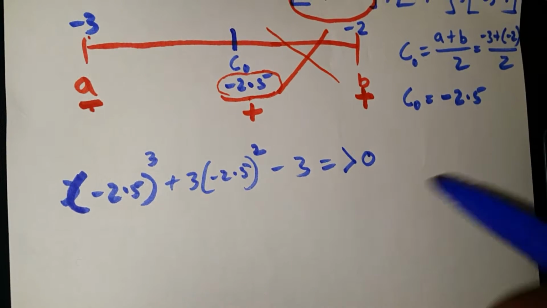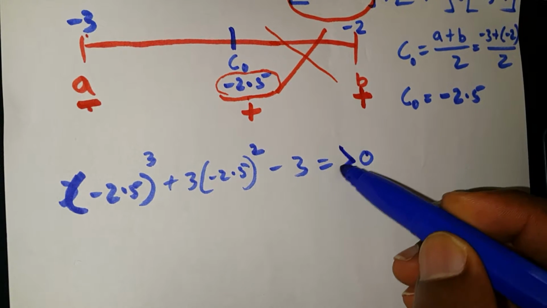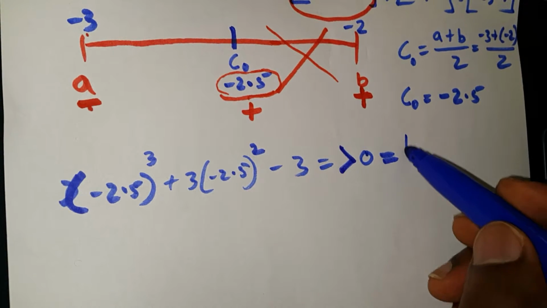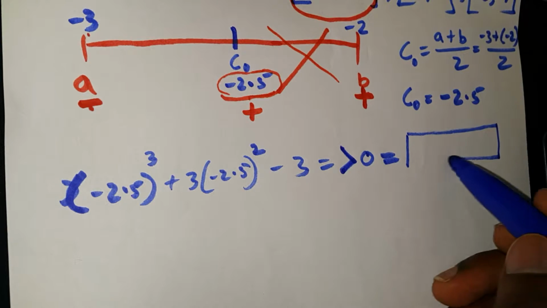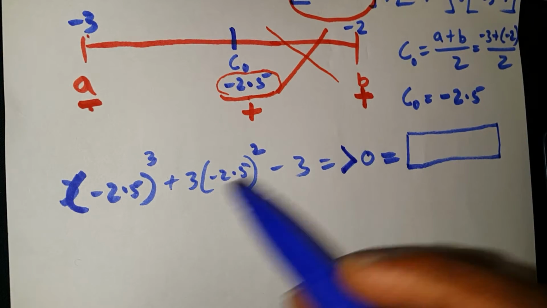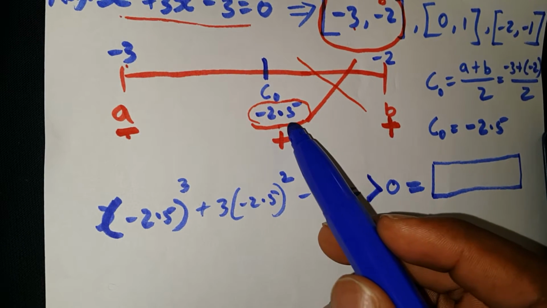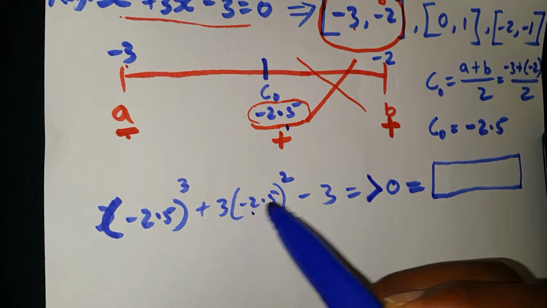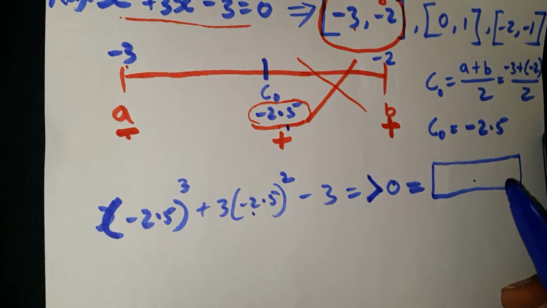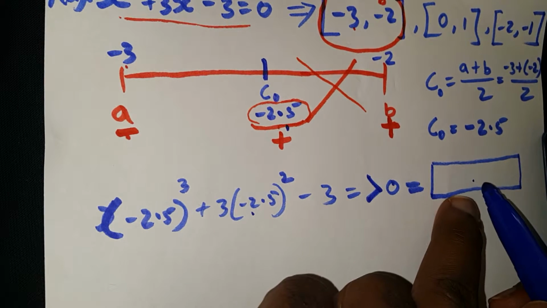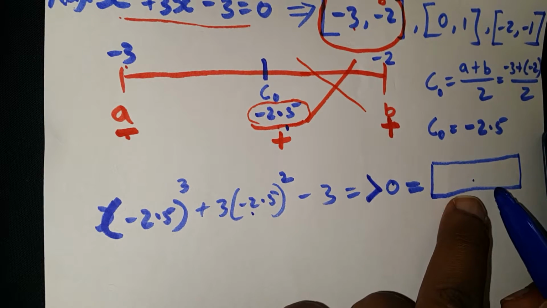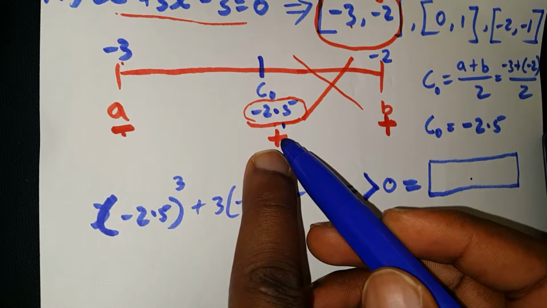Now, when it gives you positive, you have to find the value of this C. You keep the value, but the only thing you need is the sign, to proceed with what you're doing.